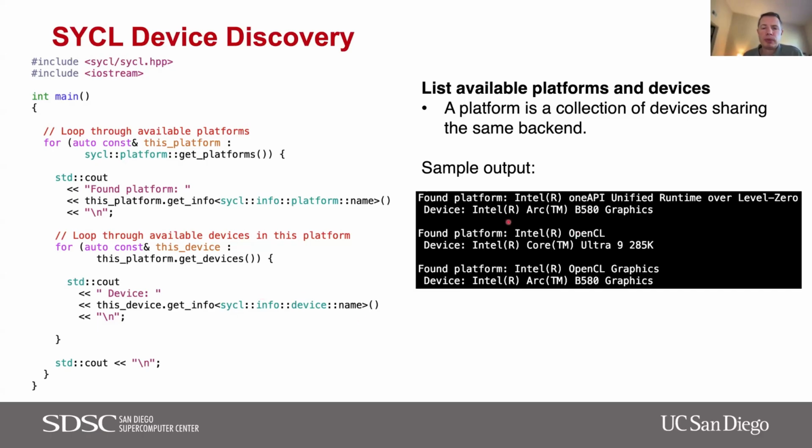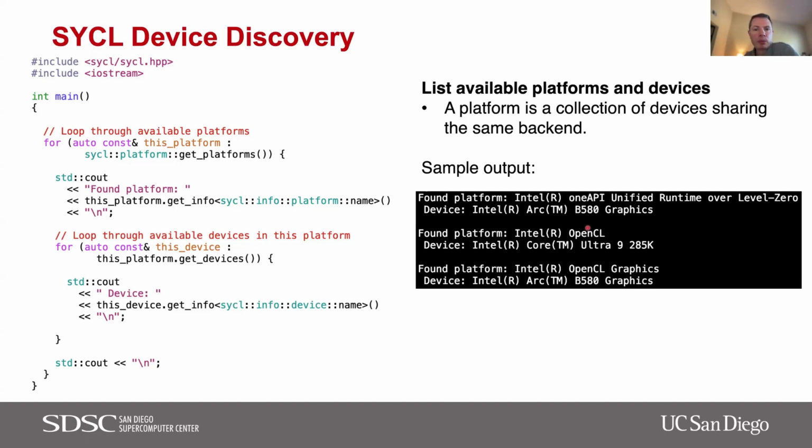And that's a sample output of one of the development workstations that I have for testing the code that we're developing, on an Intel Arc graphics GPU basically. That's a Battlemage B580 GPU. And you can see there's an Intel oneAPI unified runtime over Level Zero. And with that you can use the Arc B580 graphics card.